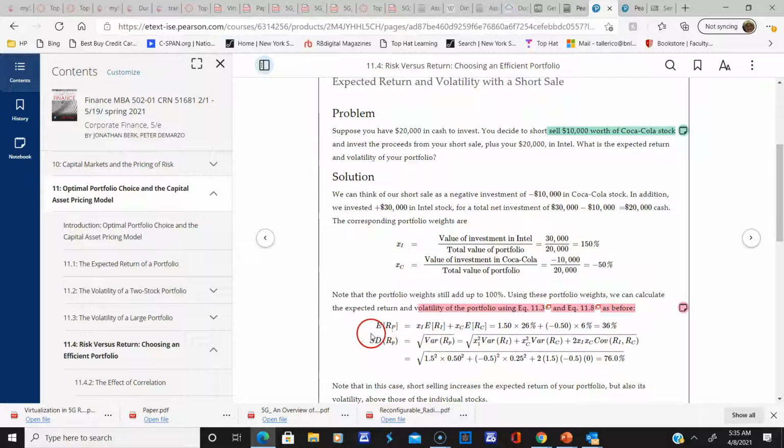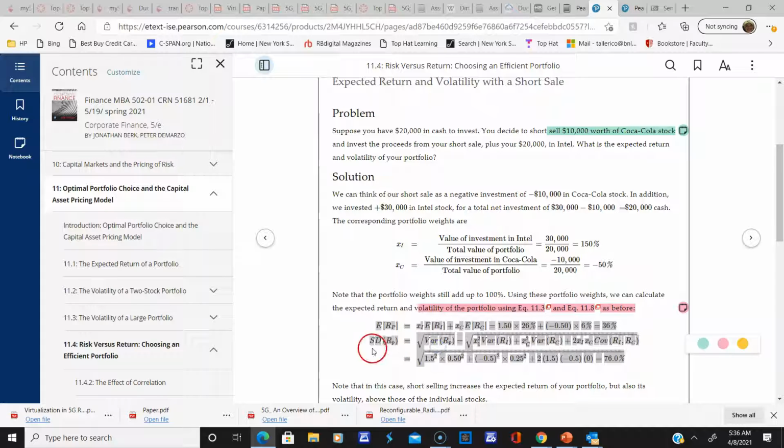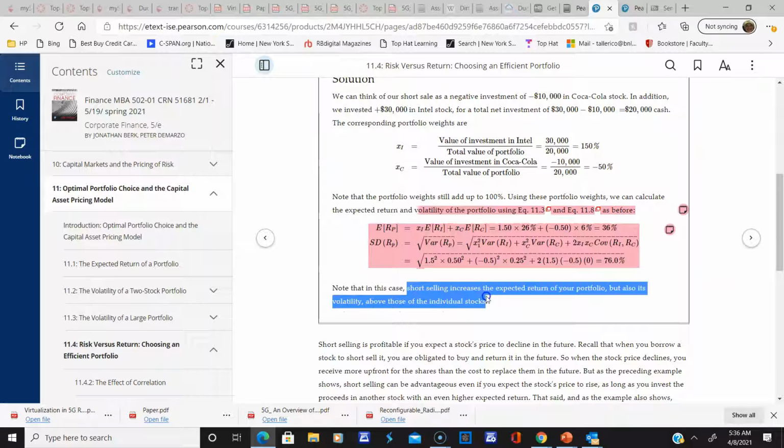And here's the expected return using equation 11.3. And here's the volatility, the standard deviation, using equation 11.8. This comes out to 36% and this comes out to 76%. So short selling increased the expected return of your portfolio, but also the volatility.